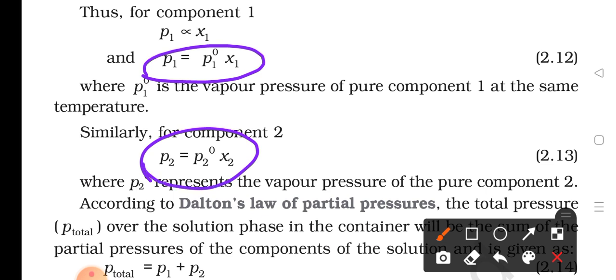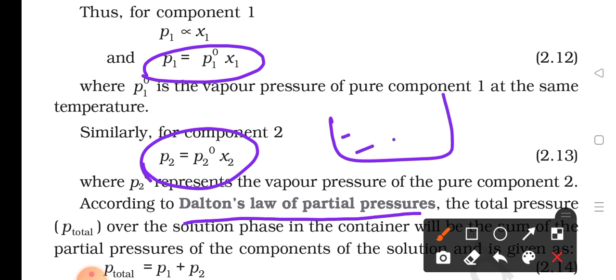So now we are going to learn about a new law, known as Dalton's law of partial pressure. If you have two different liquids in the same beaker, liquid 1 has its own partial pressure and liquid 2 has its own partial pressure.